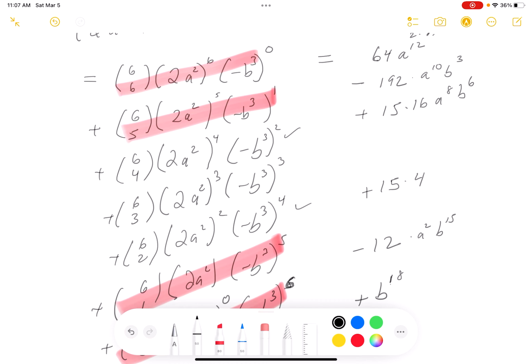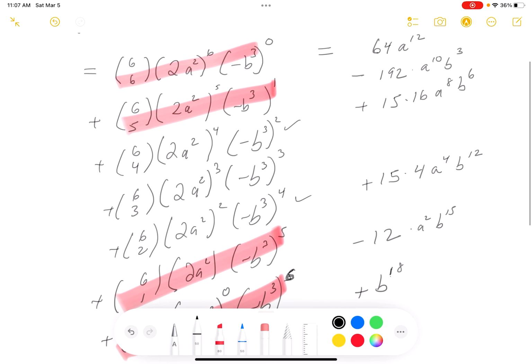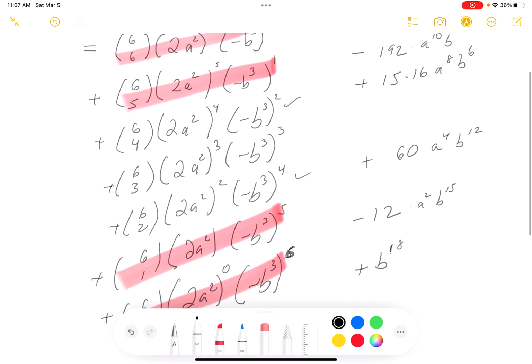And then you're going to get a to the 4. And you're going to get b to the 12. I'm also going to look for patterns in this one. I'm done with it. But 15 times 4 is pretty simple. It's just 60. Now let's do 15 times 16. That's 160 and 80, which is 240.